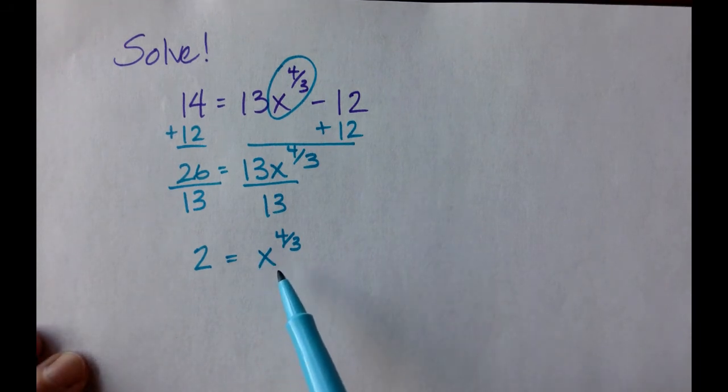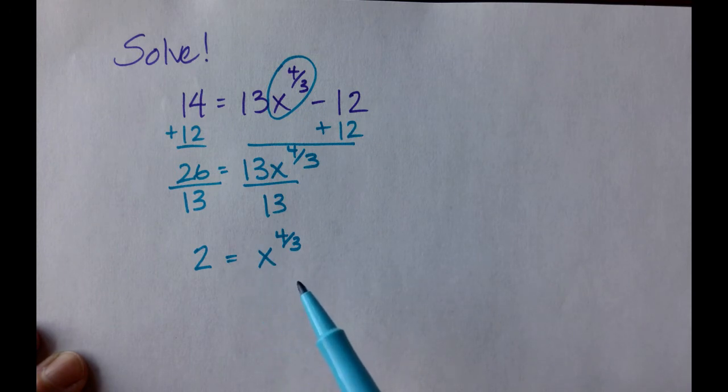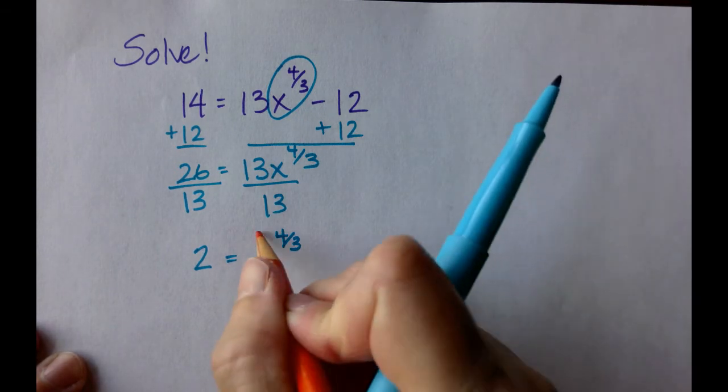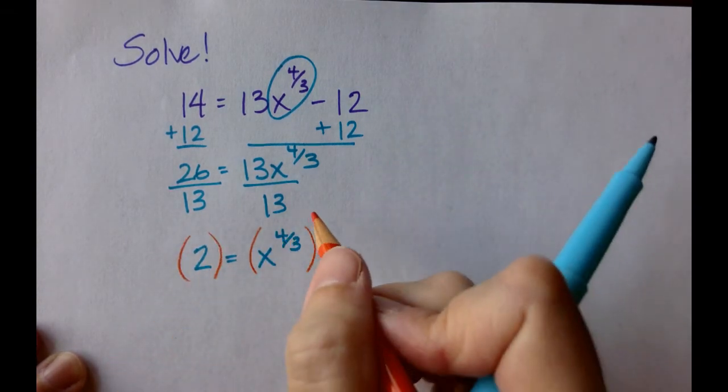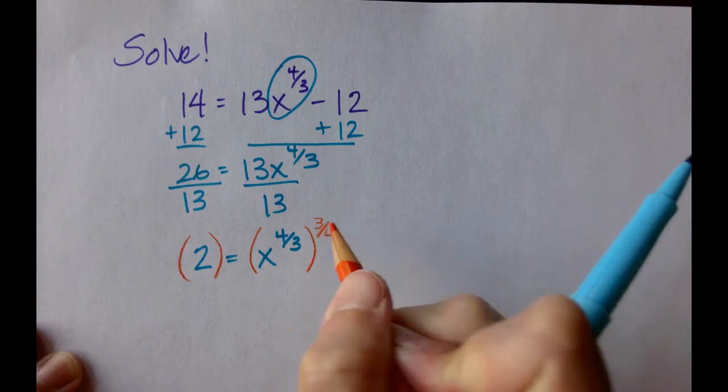And now we need to isolate the x. We need to handle this exponent of 4/3. If we just sort of blindly cruise along and don't think about what's happening here, we would say, okay, the reciprocal of the 4/3 power is the 3/4 power.